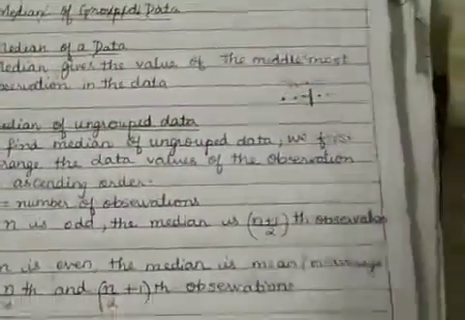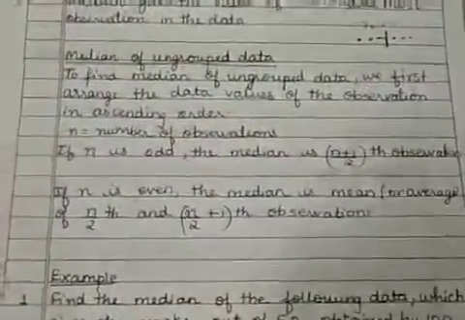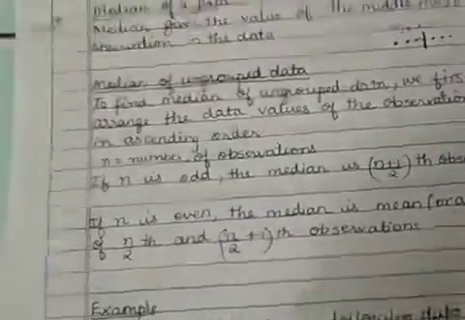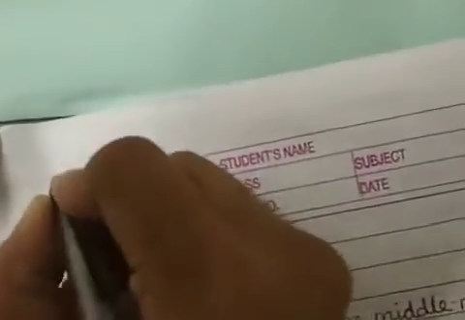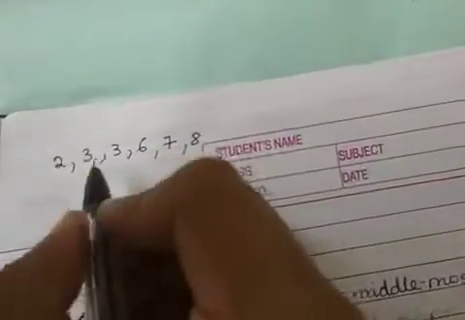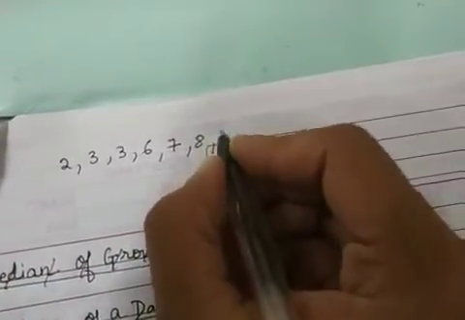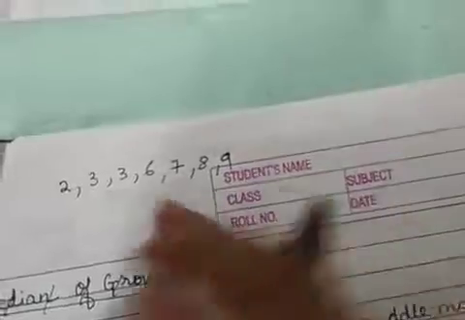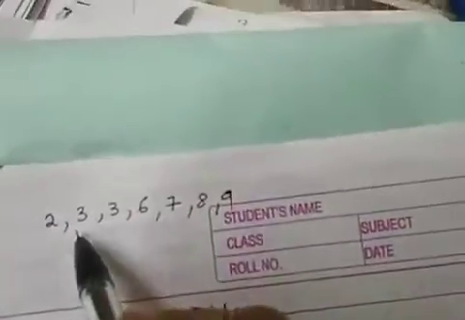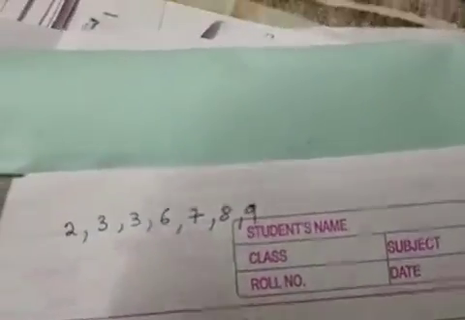For example, if you have the data 2, 3, 3, 6, 7, 8, 9, then how many observations are there? I have already taken it in ascending order.